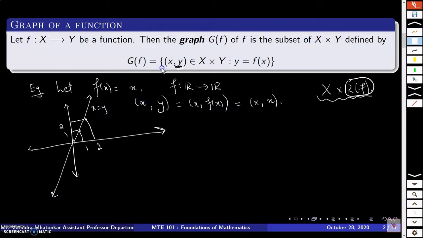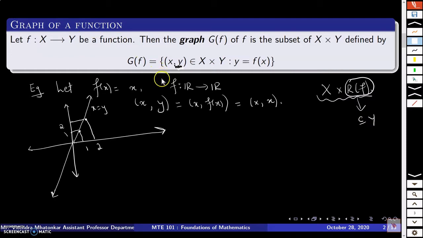And the graph is nothing but a subset of the Cartesian product of x cross y, that is your domain cross codomain, and to be precise, the graph is nothing but the exact Cartesian product of the domain and the range. Okay, this is of course a subset of y, and that's why your graph is a subset of x cross y, you can say. Okay, so given any function, you can draw its graph.